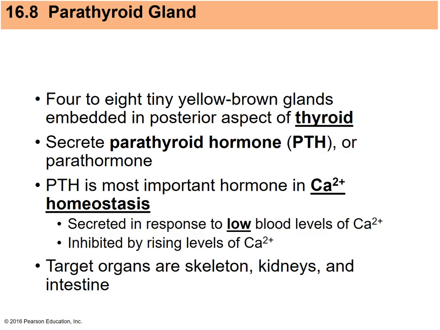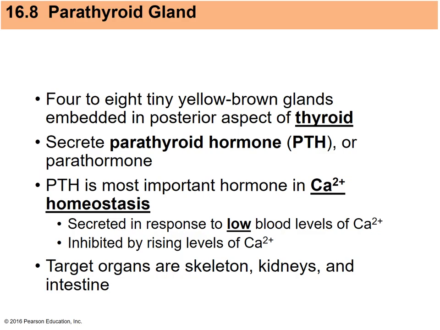Calcitonin is released with high levels of calcium in the blood. PTH, or parathyroid hormone, is released in the reverse, when calcium levels in the blood are low. So when calcium levels get really high, the PTH is going to be inhibited.